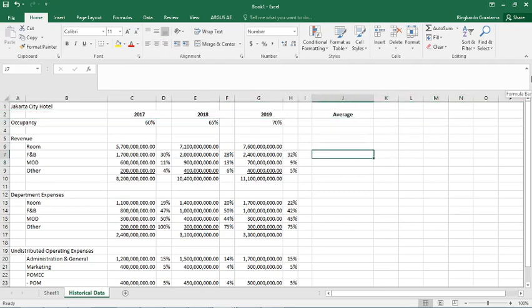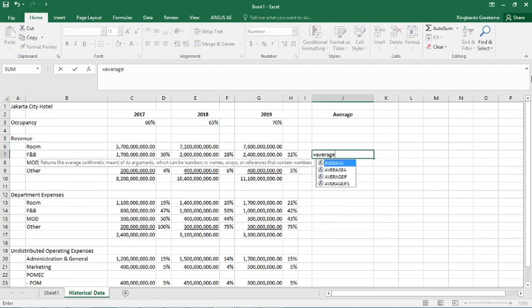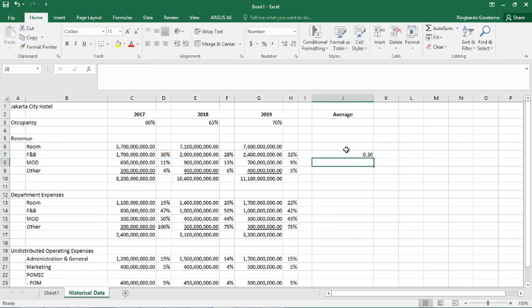So for F&B, for this hotel, the average will be here, right? And also we can just copy the cell.